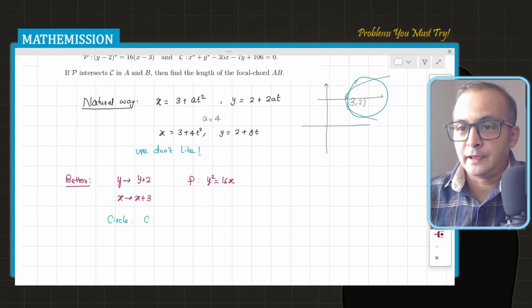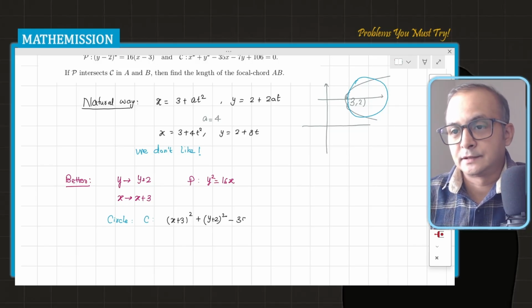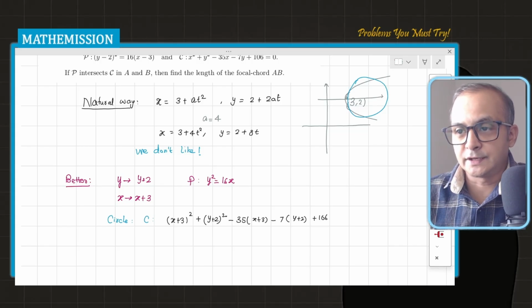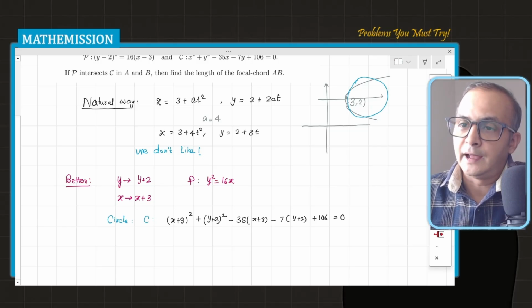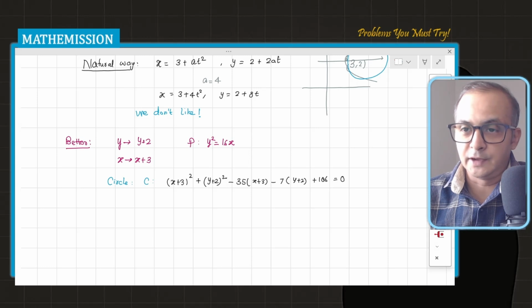So (x plus 3) whole square plus (y plus 2) whole square, minus 35(x plus 3), minus 7(y plus 2), plus 106 is equal to 0. Let's simplify it and see how this circle will help us.